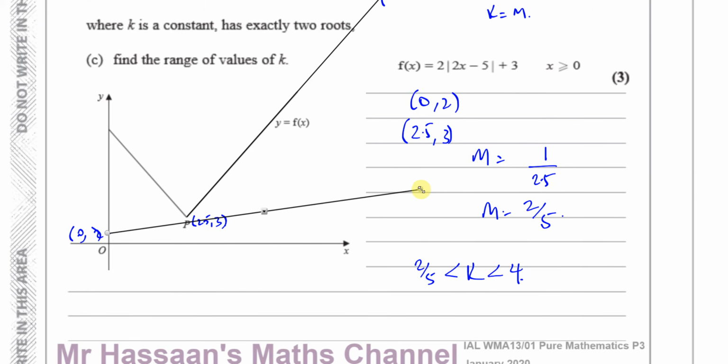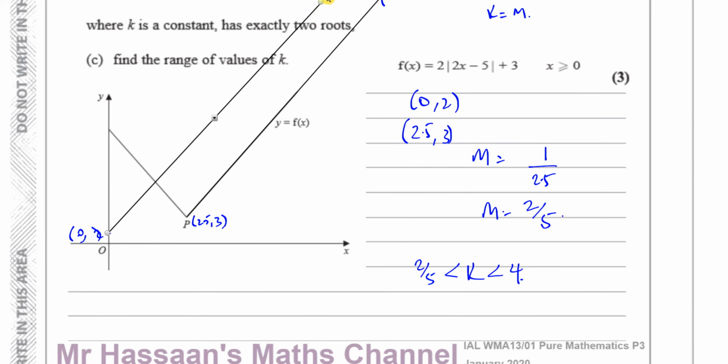When it's less than 2/5, there's no routes. When it's greater than 2/5, like over here, there's going to be two routes, and there will continue being two routes until this line is parallel to the line there, in which case until the gradient equals 4. So everywhere between those there will be two routes.